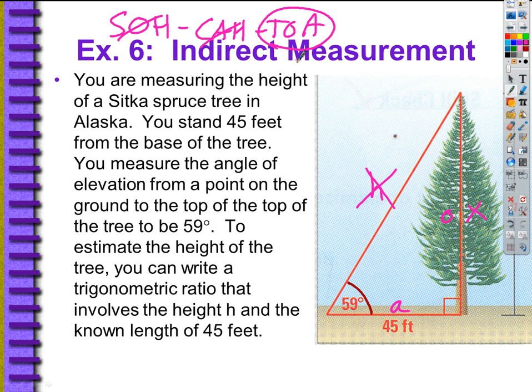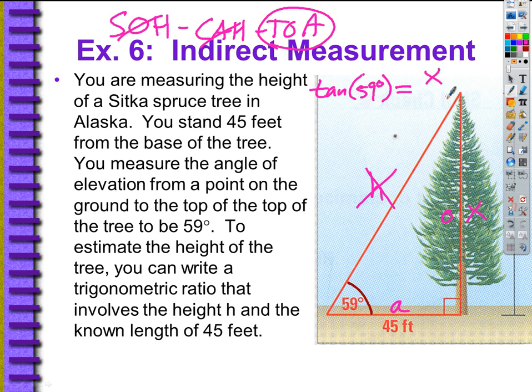Tangent. Okay. So we know that the tangent of our angle, which is 59 degrees, equals what over what? What's that going to be in terms of our picture that we drew? Okay, yeah, opposite we said was x, that's the unknown.